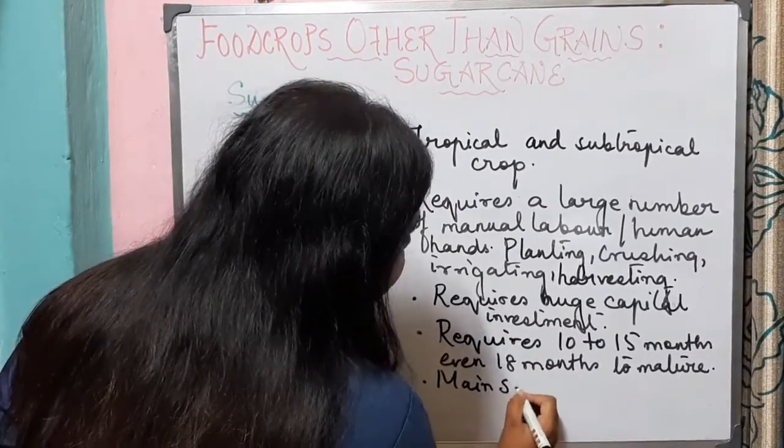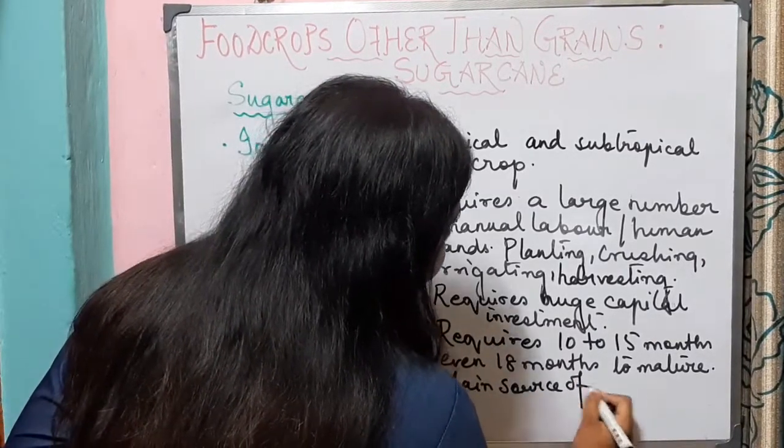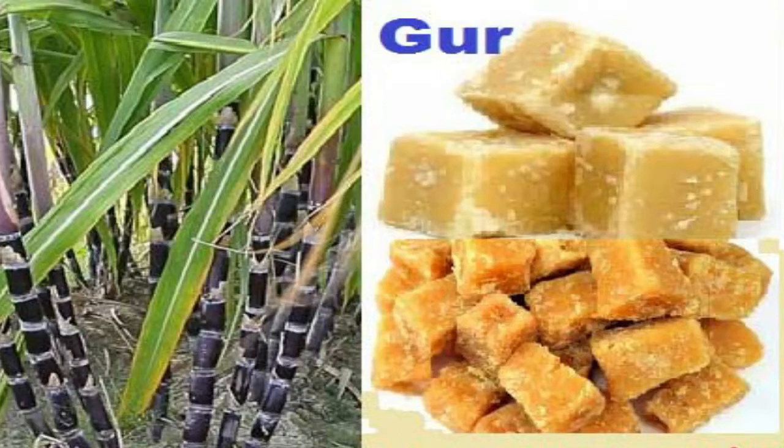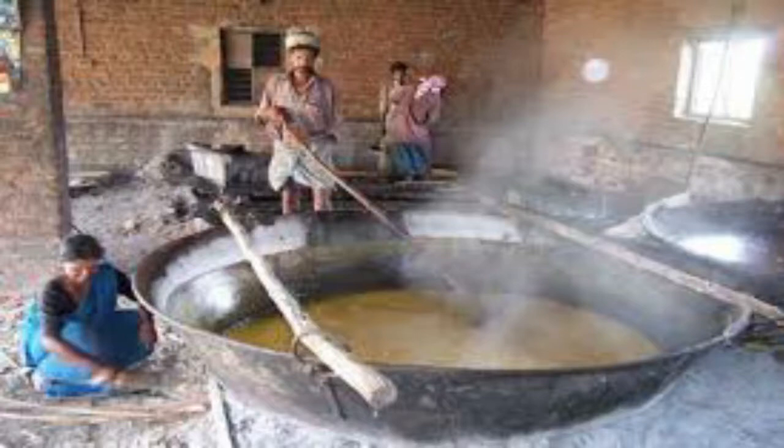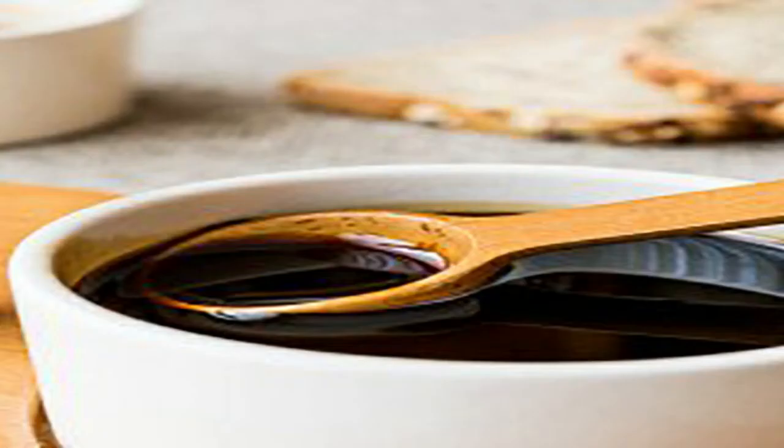Sugarcane is the main source of gur, khansari and molasses. So sugarcane is a main source of gur, khansari and molasses.